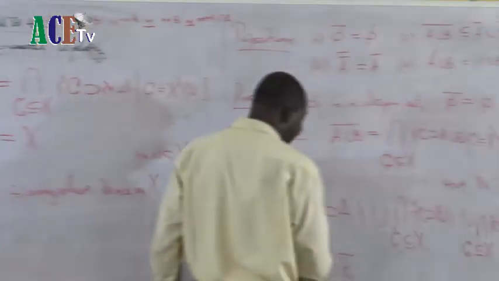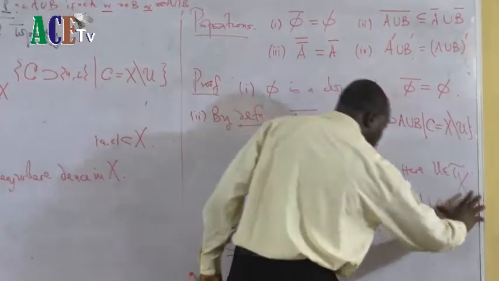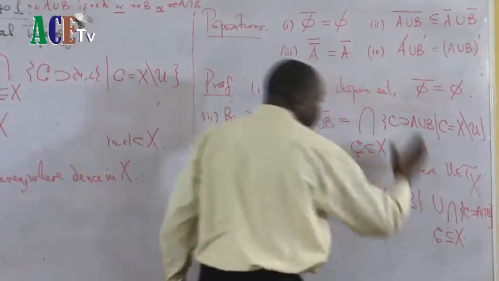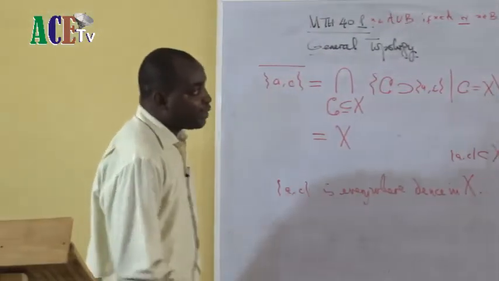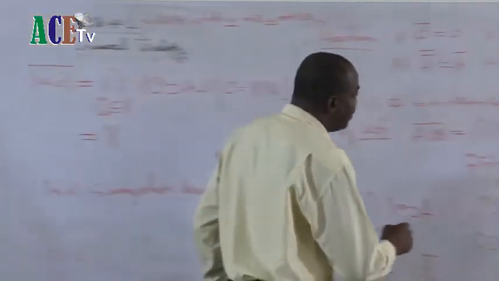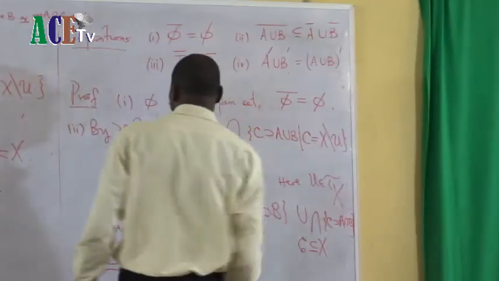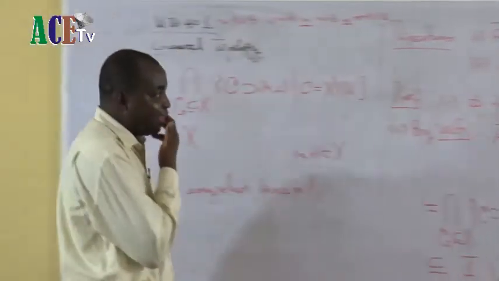Why is it contained? Why is it not equal? Because of this intersection that we have here. So that is the second claim. So this should be the correct thing there.